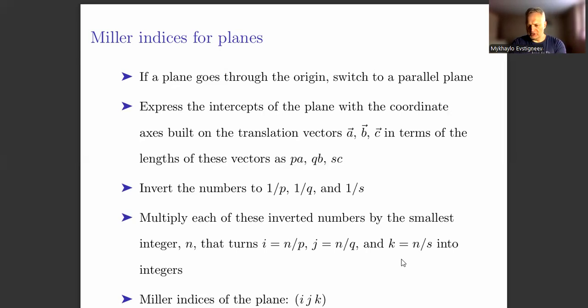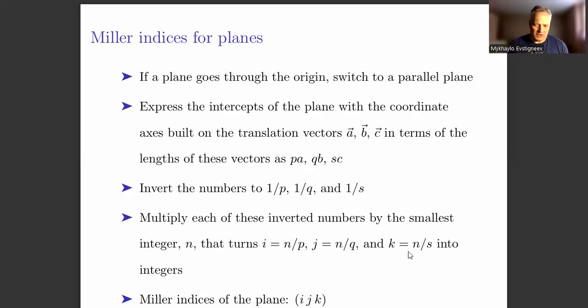So let's say those intersections are at PA, QB, and SC, where P, Q, and S are some numbers. You invert those numbers, 1 over P, 1 over Q, and 1 over S. Then you multiply each member of this triplet with the smallest integer, n, that turns the numbers n over P, n over Q, and n over S into integers, and those integers should not have a common factor.